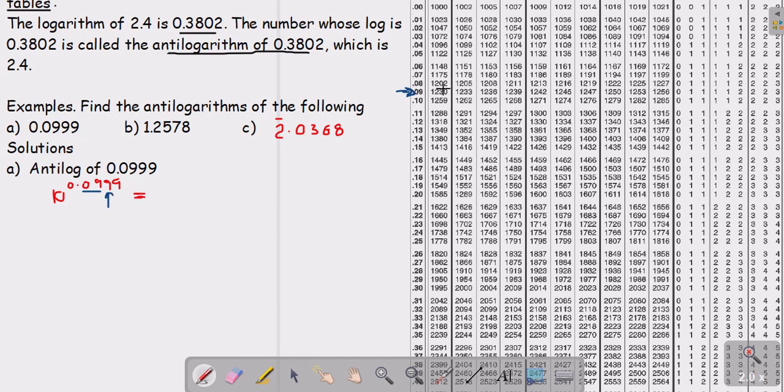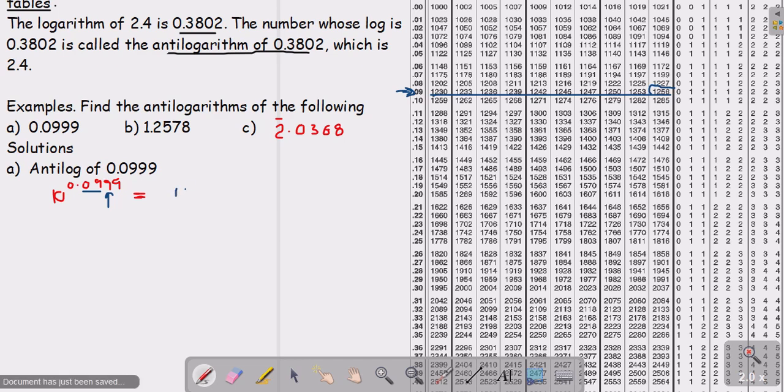This is the zeros column, 0, 1, 2, 3, 4, 5, 6, 7, 8, and then 9. So the 9th column is the last, meaning we have to look for the answer on the last one.